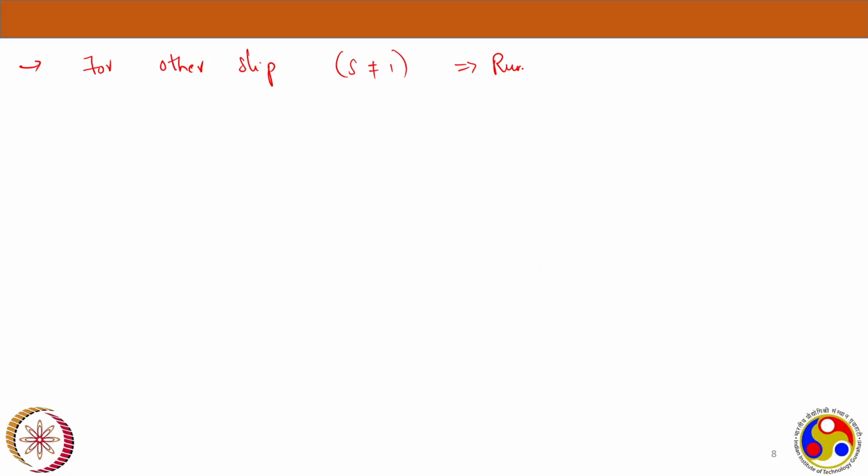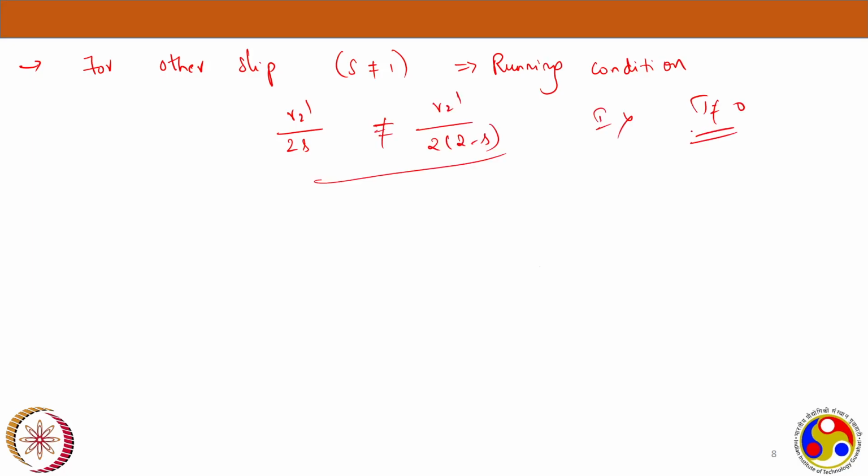Now R2 dash by 2s, in the rotor circuit 1, is not equal to R2 dash by 2 into 2 minus s, right? So they both are not the same. So the currents flowing will not be the same, and torque will not be equal to 0, right? So your torque will exist. So during running condition, running torque will also exist. So again, as we discussed in the previous week, starting torque won't be there, and also running torque will be there. So that's how we have analyzed the single phase induction machine using the equivalent circuit.